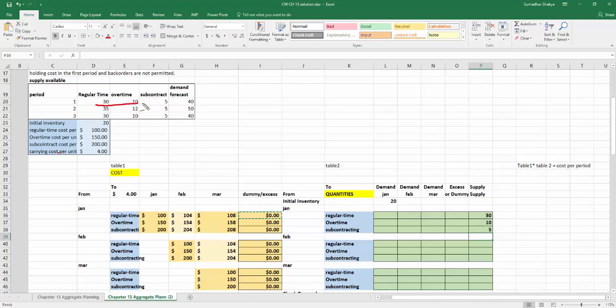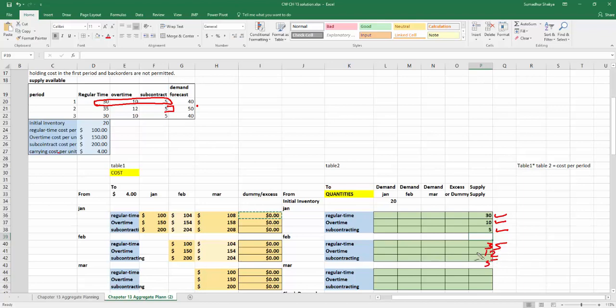So this much information is represented here: 30 in regular time, 10 in overtime, 5 in subcontracting. Okay. Similarly, all of this information from here onwards will come here: 35, 12, and 5.